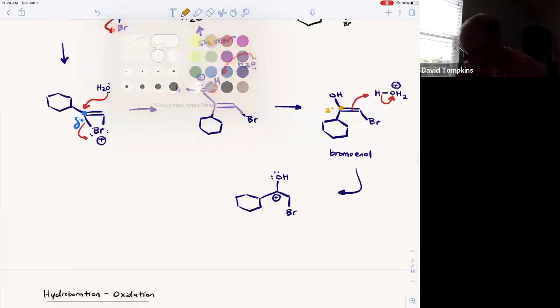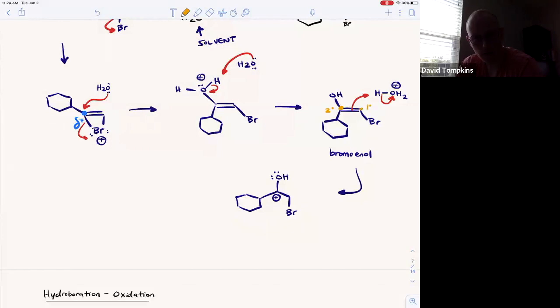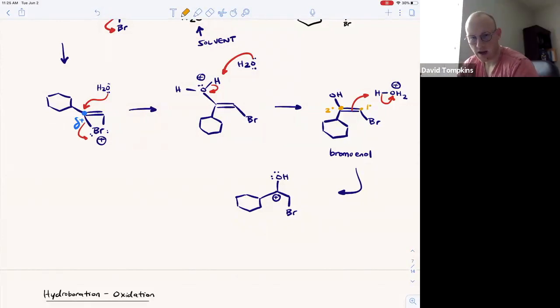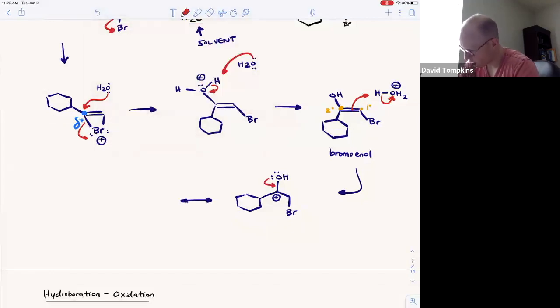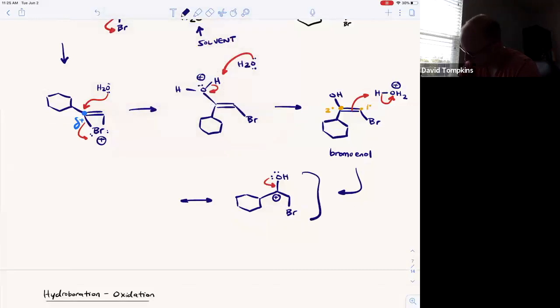because the primary carbon is less substituted and does not have electron donation from the oxygen. So the oxygen can donate a lone pair in here to show that this carbocation is especially stable because it's stabilized by this full octet resonance form.